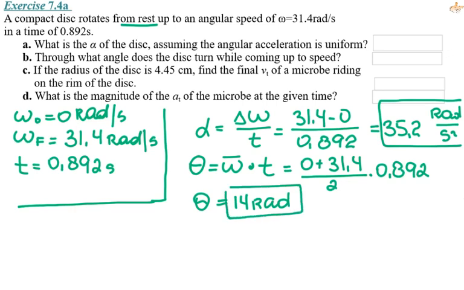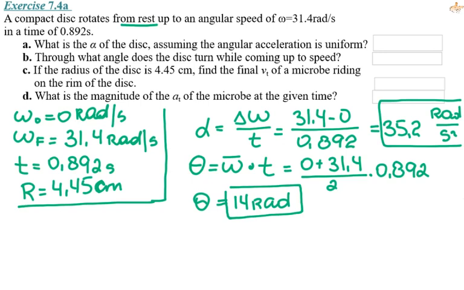And then they ask you if the radius of the disk is 4.45 centimeters. So the radius is given, 4.45 centimeters. I have to remember that centi stands for 10 to the -2. Find the final velocity of the microbe riding on the rim of the disk, and they mean linear velocity.